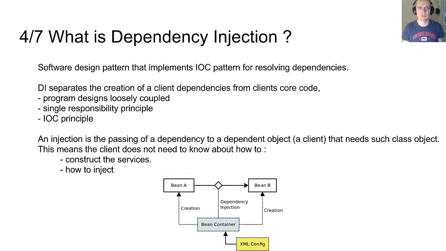Third question, what is dependency injection? It's a design pattern which implements the inversion of control pattern. Let's look at the example here, where let's assume that in the client bean B, we need a bean A. We know that bean A was already constructed, during the initialization of the Spring context, at the very beginning of our application start.